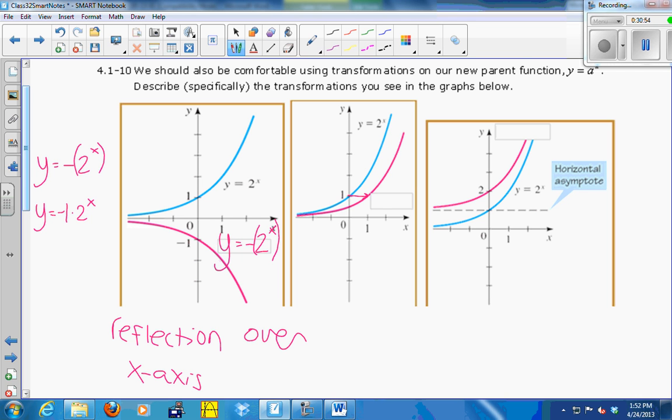So I could say y equals 2 to the x minus 1. I could say y equals 1/2 times 2 to the x. Either of those would explain what happened to this point. So this used to be 1. If I multiply by 1/2, it would bring it down. Shifted it right, it would land over here.